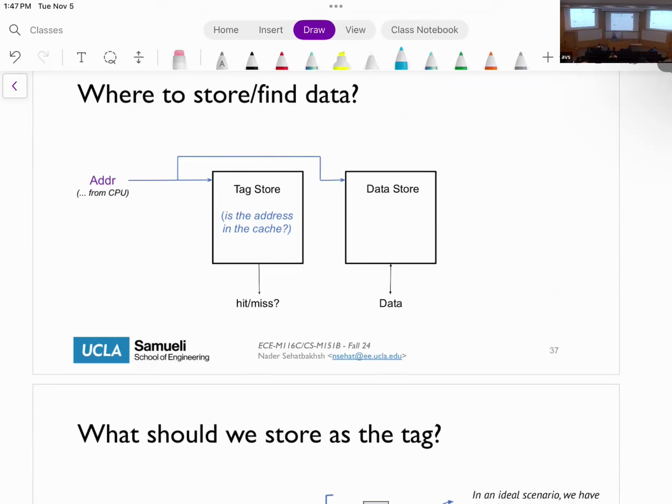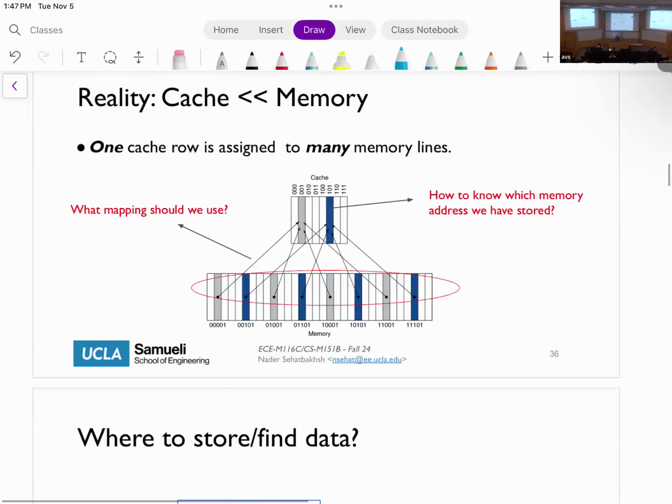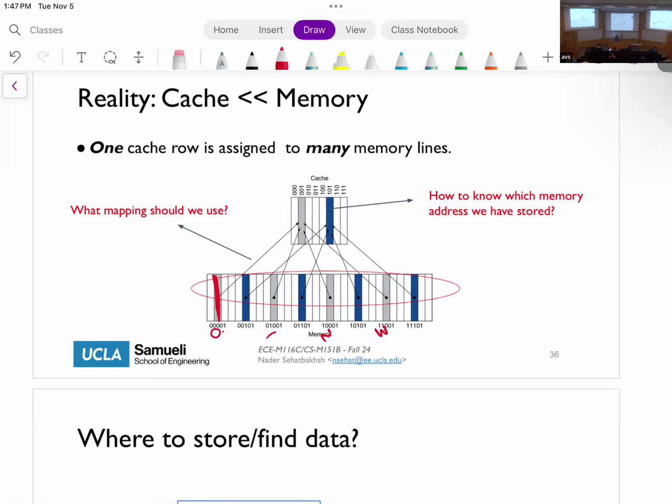So not only do we store data, we also store the tag of that data so that we are able to distinguish which one is which. So for whatever value is stored here, I'm going to assign a tag. Let's say, for example, 0, 1, 2, and 3. And I'm going to say that I'm storing this value with tag 0, which means that this is the actual value that I'm storing, okay?